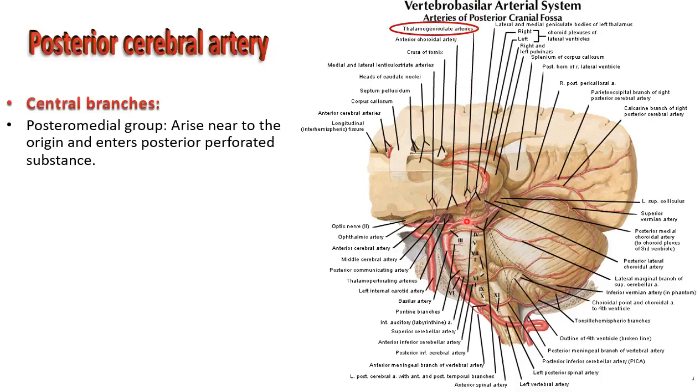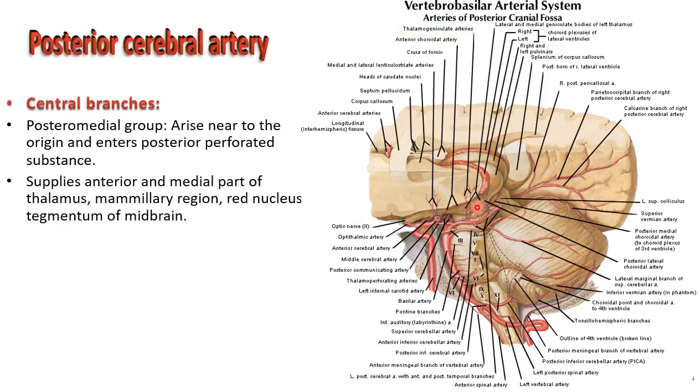These are mainly from the posterior cerebral artery central branches, from the posteromedial group, and enter the posterior perforated substance. Then they mainly supply the anterior and medial part of the thalamus, along with the posterior communicating artery and mammillary branch, the red nucleus and the tegmentum of the midbrain.